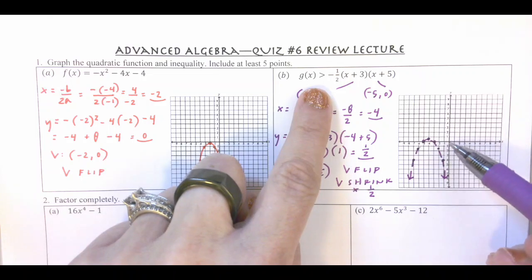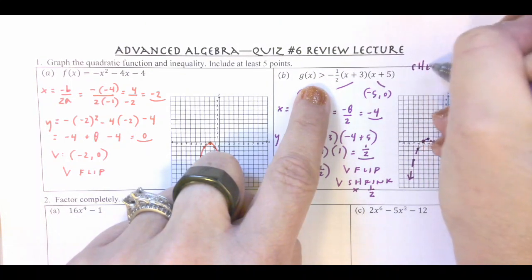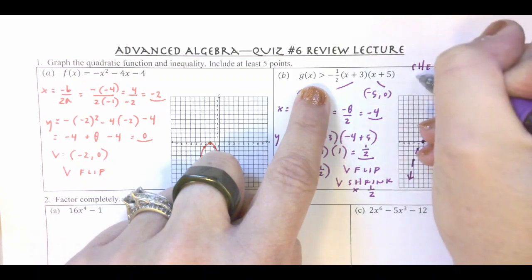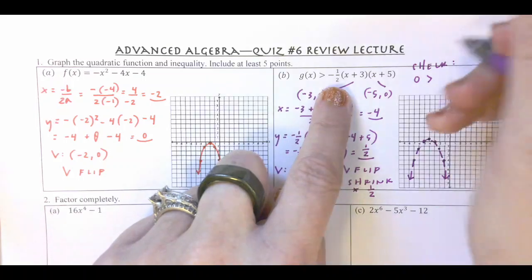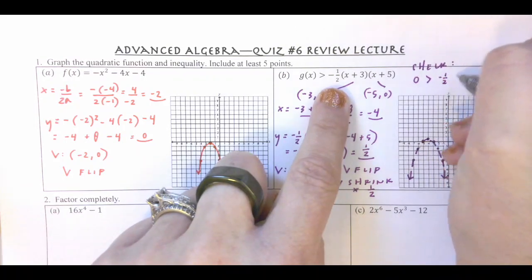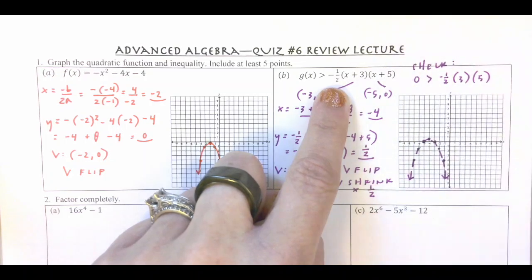I can also double check by plugging in the origin. Right, if I plug in 0, 0, for example, let's say I put my check right here. 0 greater than, okay, over here I would have negative 1/2 of 3 times 5.